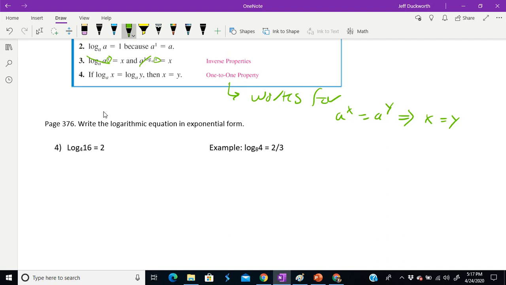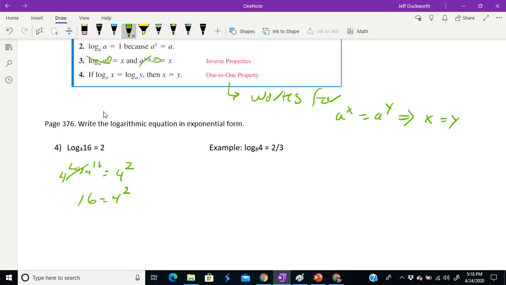So I can take these and I can make our base 4. So I take 4 to log base 4 of 16 equals 4 to the second power. Because again, log base 4 of 16 equals 2. Well, the log base 4 and the 4 cancel, and I'm just left with 16 equals 4 squared, which we know to be true.